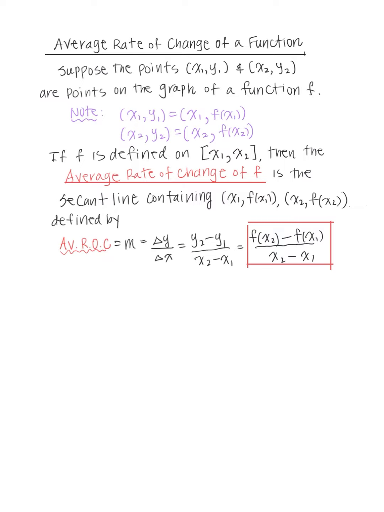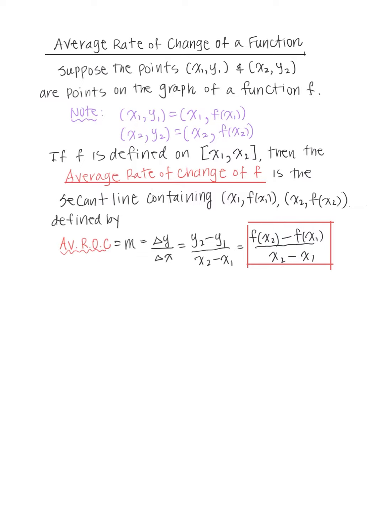Now, since y1 became f of x1, and y2 is f of x2, next step, we're going to replace our y2 with f of x2, and y1 with f of x1. So the average rate of change formula is going to be f of x2 minus f of x1, whole thing divided by x2 minus x1.